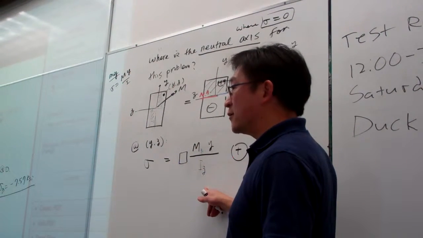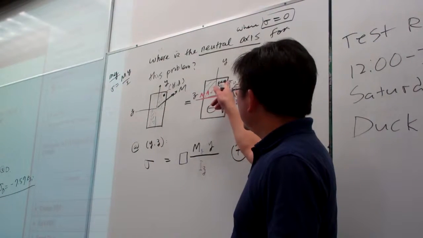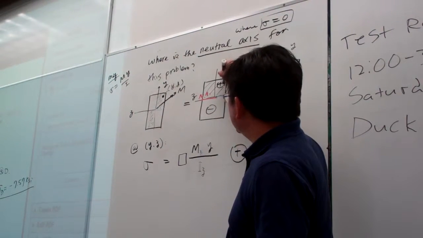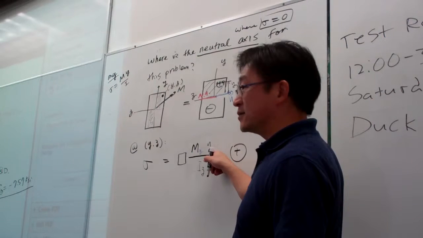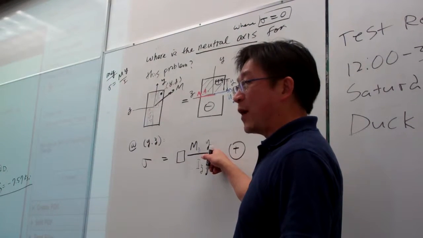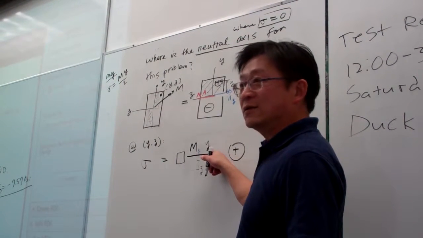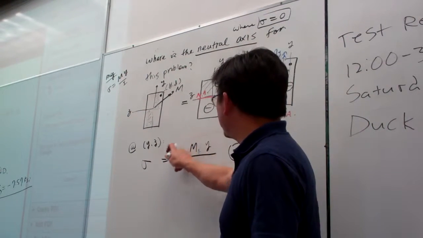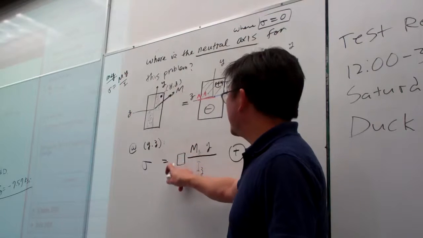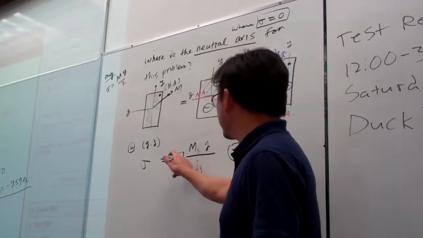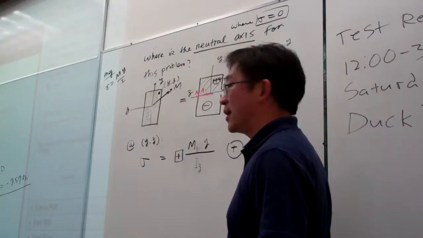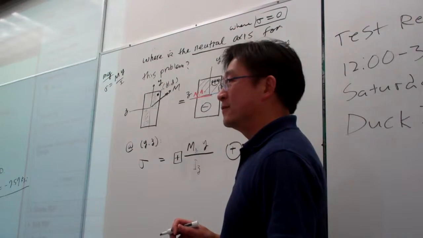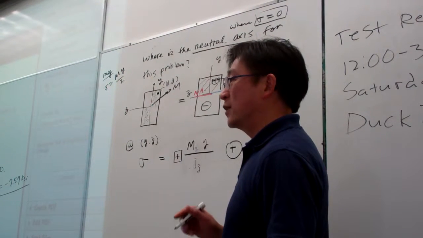Okay, you look at right now, y for this point we illustrated has a positive value. Y is a positive coordinate, so this positive coordinate tries to make the whole thing positive, in tension. So naturally we add a positive sign. Okay?